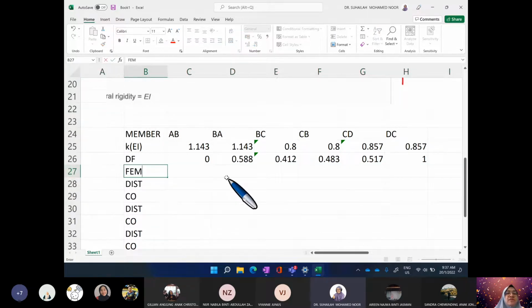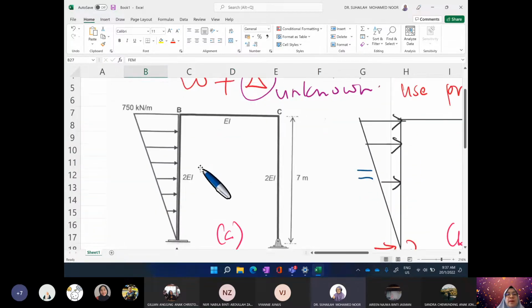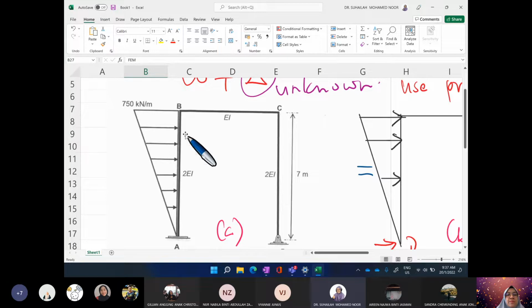Okay, so now we move to, oh sorry, there is one thing missed here, which is FEM. FEM is actually the fixed end moment in the table. So we will get the fixed end moment from AB only. Okay, we refer to the formula.